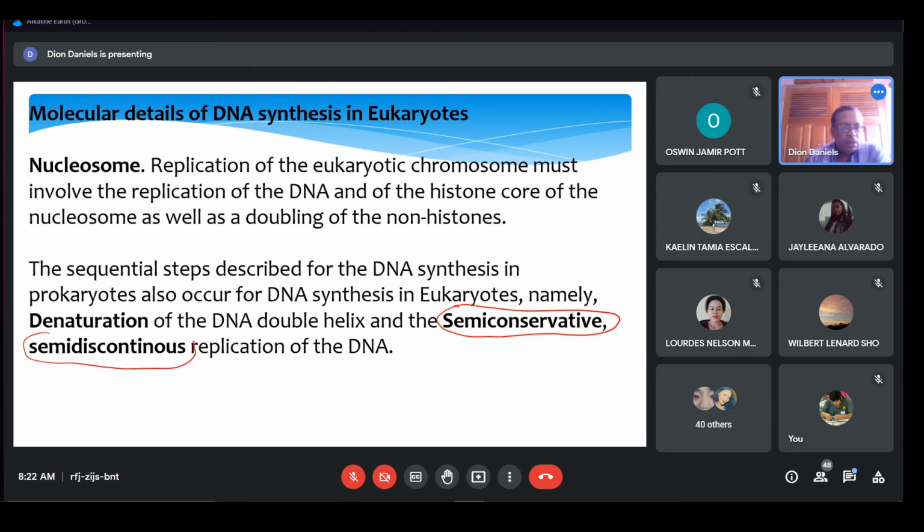Semi-discontinuous is what I explained a while ago when I spoke about leading strand and lagging strand. So the leading strand replicates continuously because it is moving towards the replication fork. However, the lagging strand replicates semi-discontinuously because it has to wait for denaturation to take place, because it is moving in the opposite direction of that replication fork. All right? So these are two terms that you need to understand.